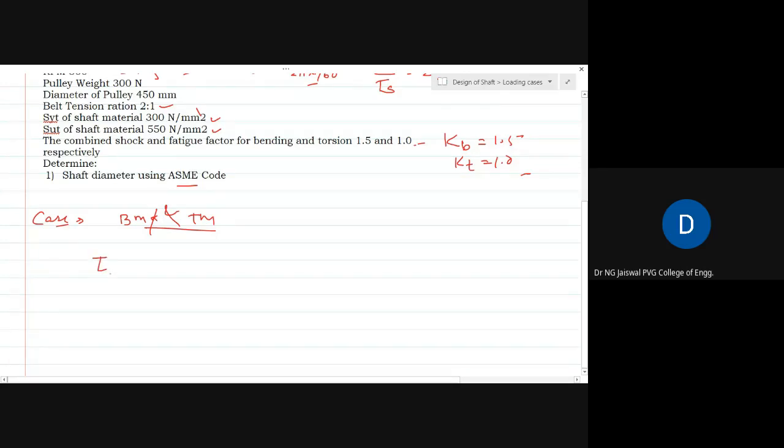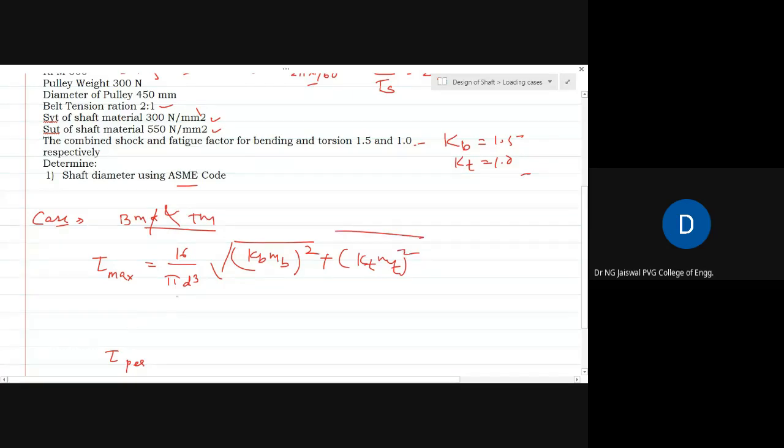One is maximum stress, and another is permissible stress. Maximum stress is given by 16 upon pi d cube, under root of (Kb Mb) whole square plus (Kt Mt) whole square.